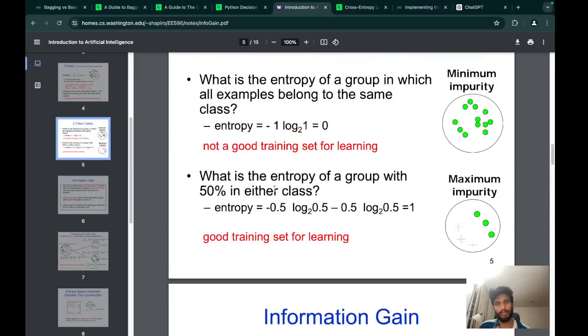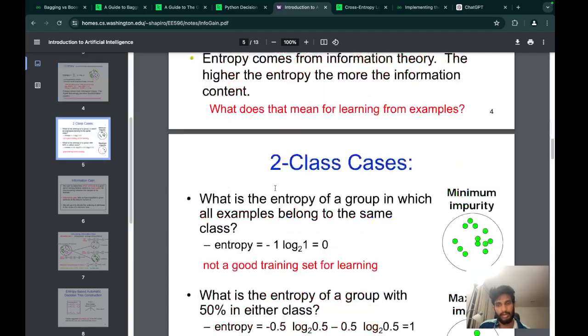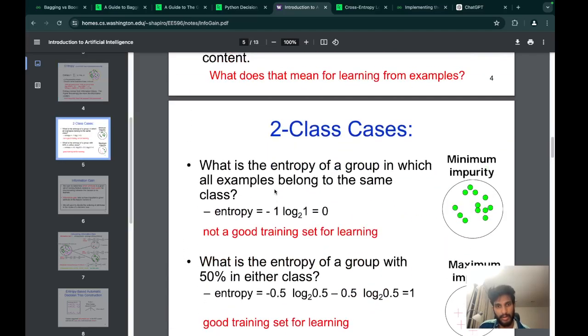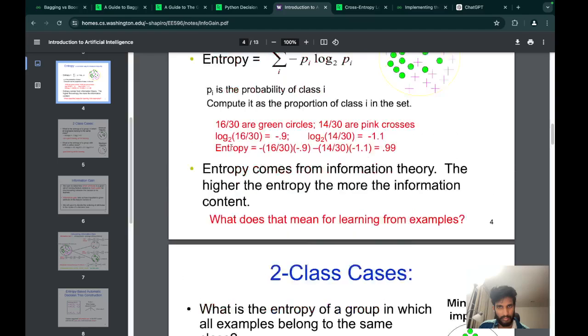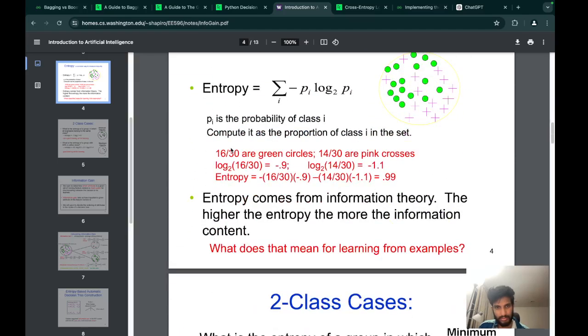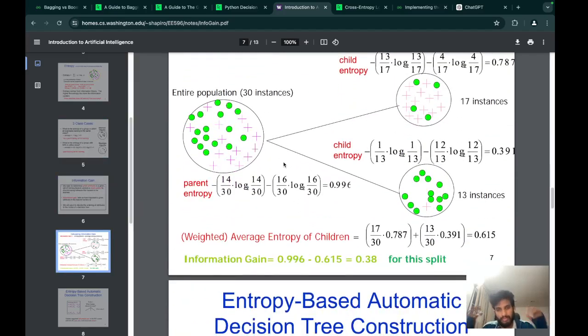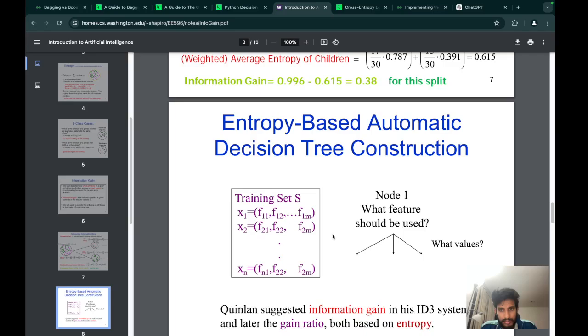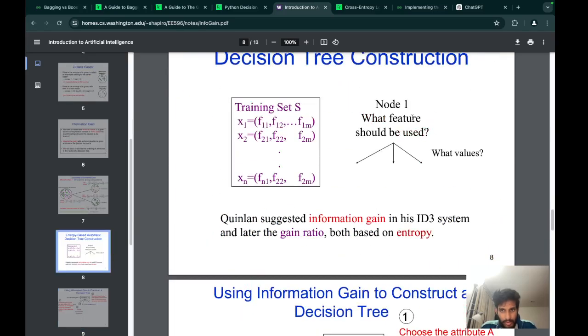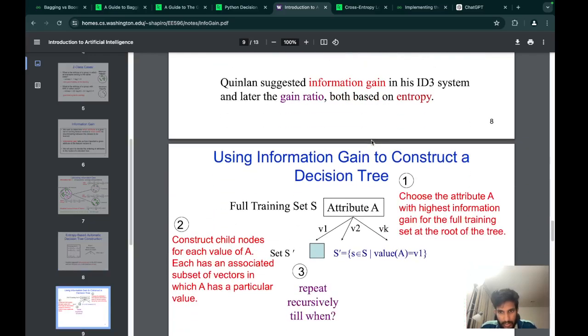When you're calculating entropy normally, it's basically a sum, right? You're technically taking those two sums and adding them. What node one, what feature should be used, what values.